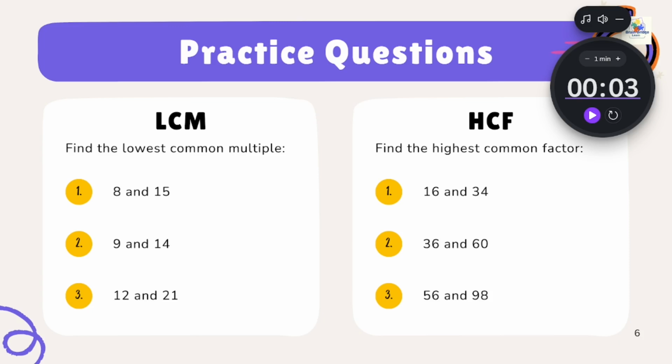Now let's move on to highest common factor. Find the highest common factor of 16 and 34, 36 and 60, 56 and 98.